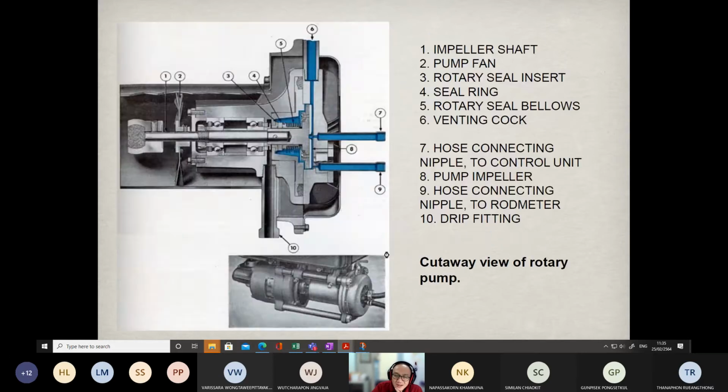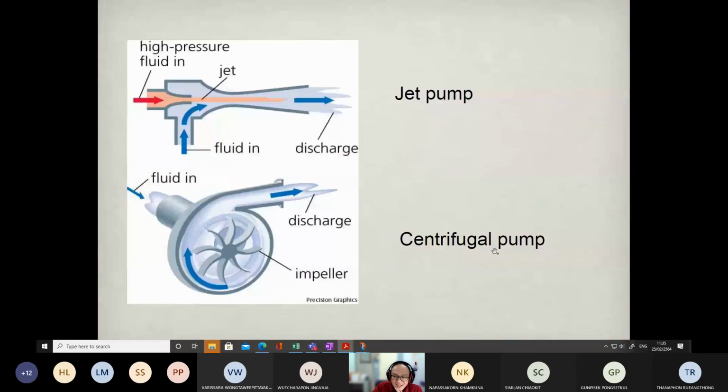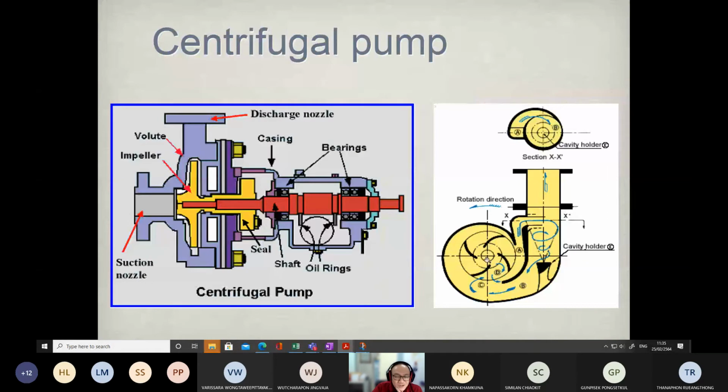So if the pressure at the center reduces to be lower than the vapor pressure, the liquid inside this chamber will become vaporized, changing its state from liquid to vapor or gas.